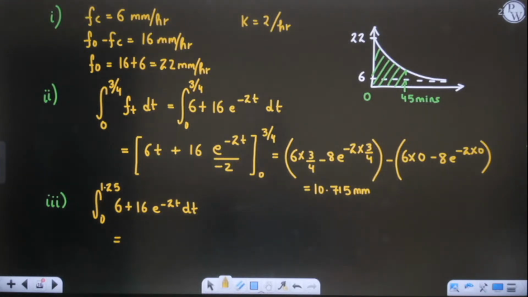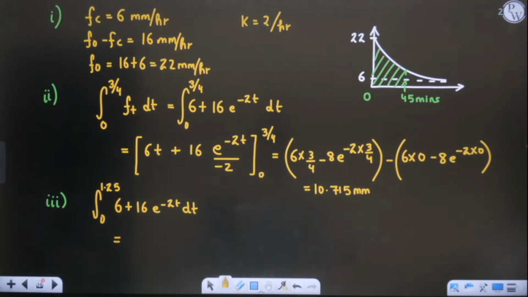Solve it in your calculators or simply by using the simple integration technique. Yes, this is 10.75 for sure.